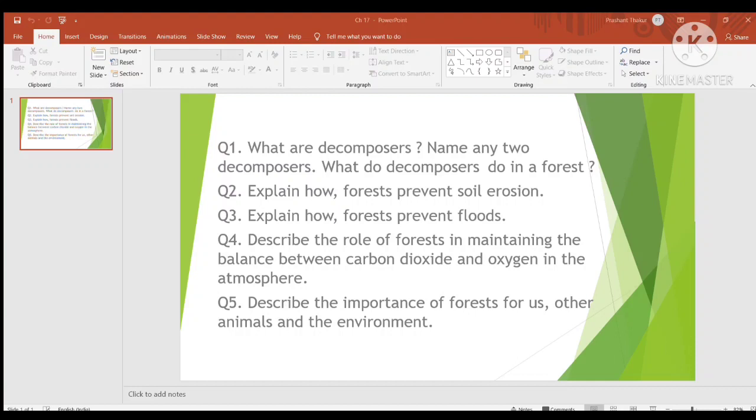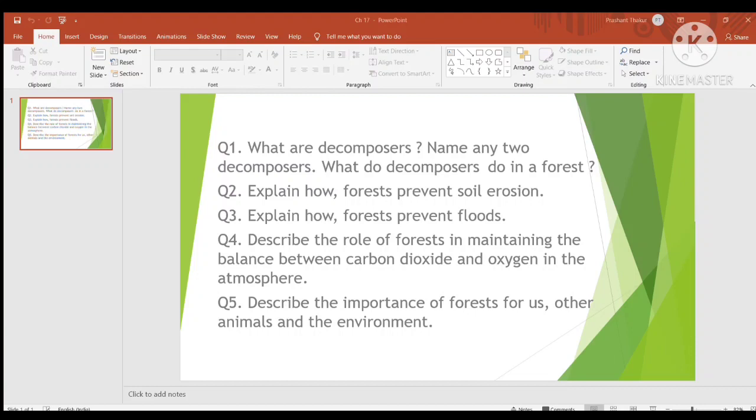The decomposers play a very important role in the forest. They help in breaking down the dead parts of the plants and dead bodies of animals into simple substances like nutrients, carbon dioxide and water. Now these nutrients, carbon dioxide and water can be reused by the plants.